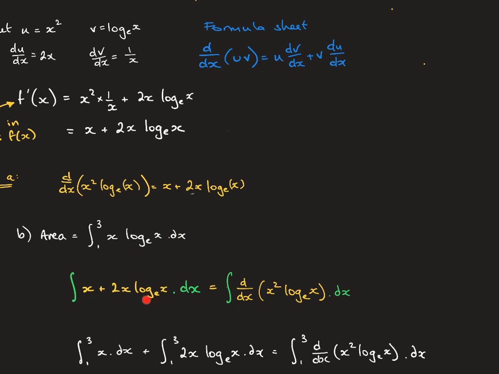is this integral with some endpoints on it, with a 1 and a 3 here, and a 1 and a 3 here. So what I'm going to do, I'm going to split this integral into two integrals so I can get this one by itself.